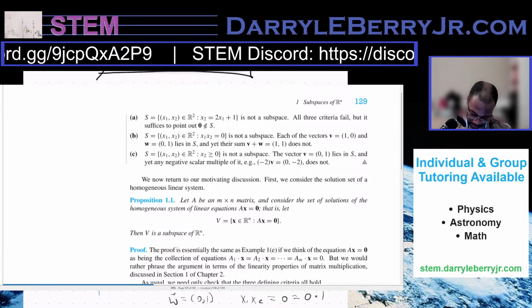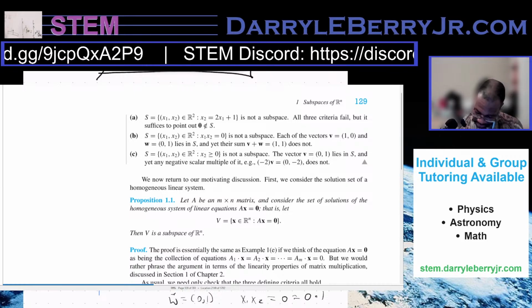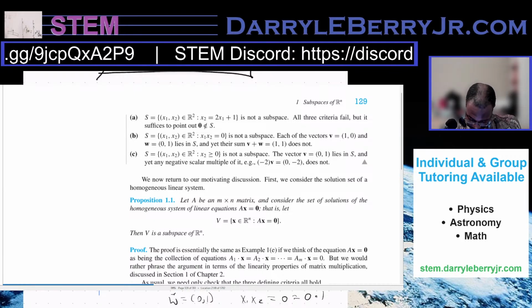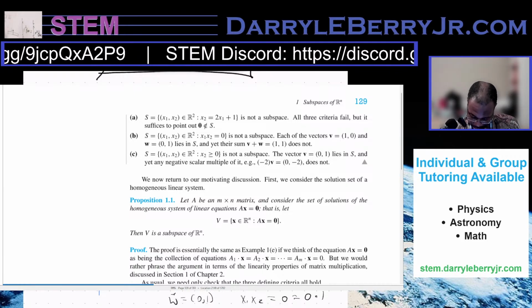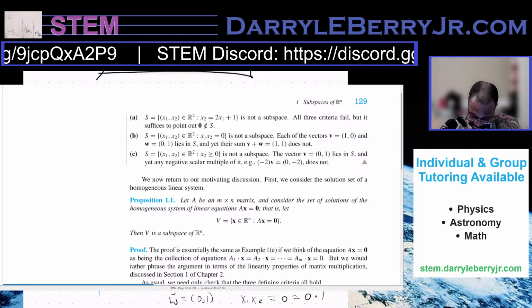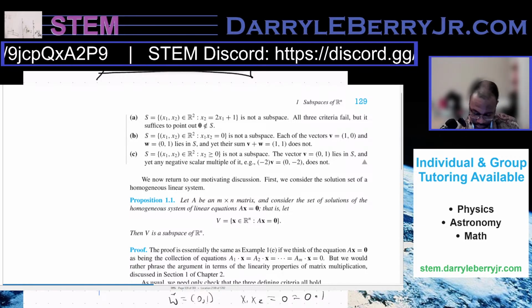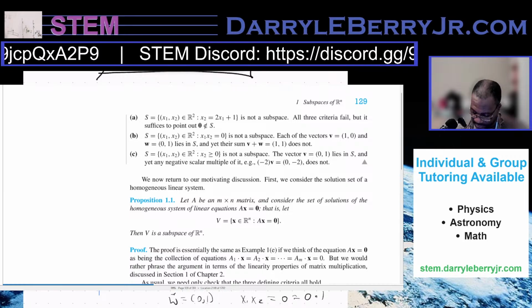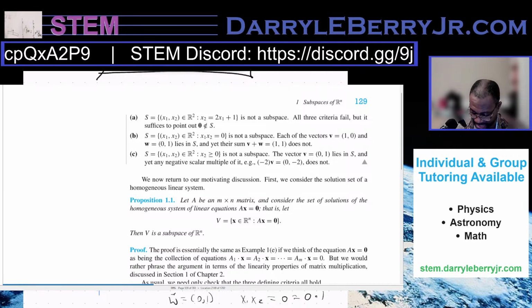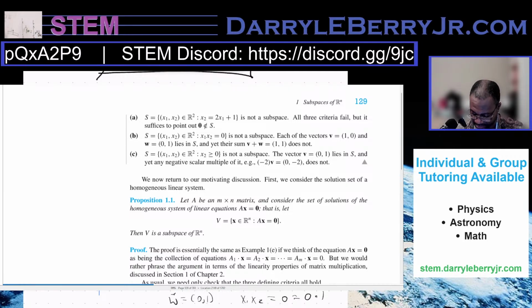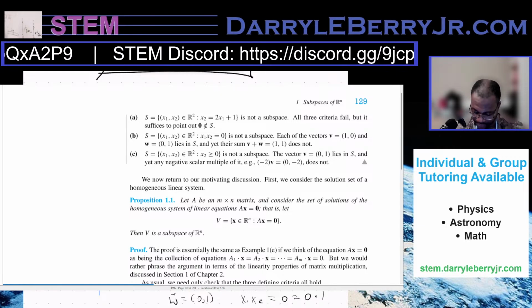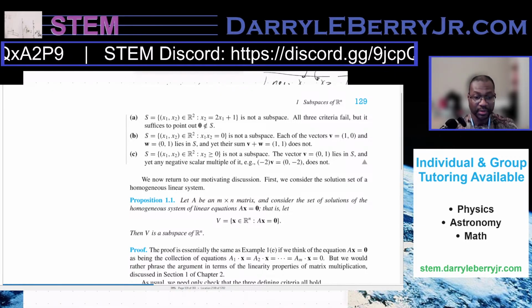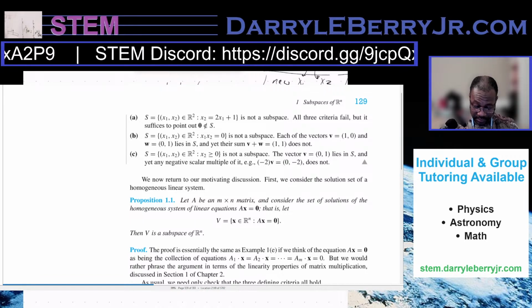So that's not true. And I could think of different ones. Like if I make x1 0 and x2 5 and I scale both sides, they're still not going to be equal, right? So now let's look at the last one.